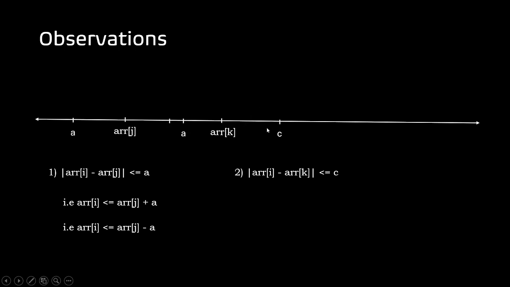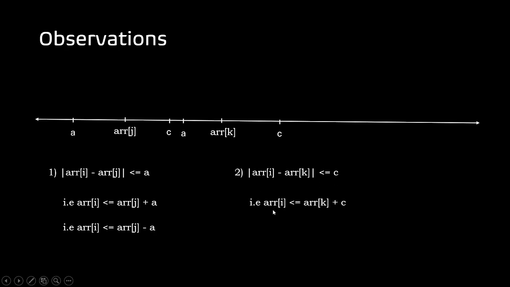And similarly, we can have our array I even at this range. So this entire range can be home to our array ith number, and that will satisfy only this condition. That is very important, only this condition.